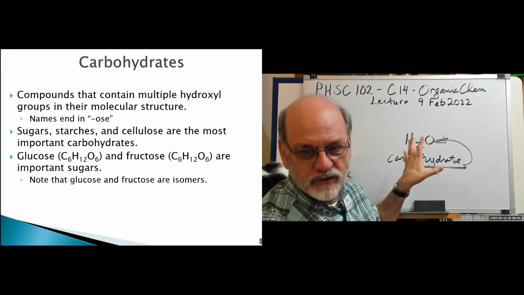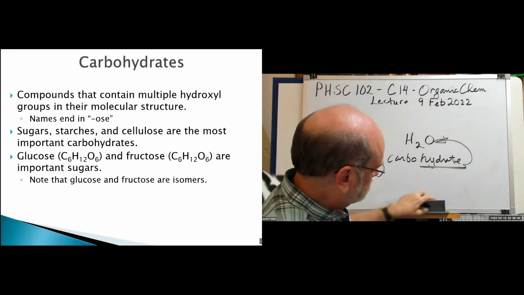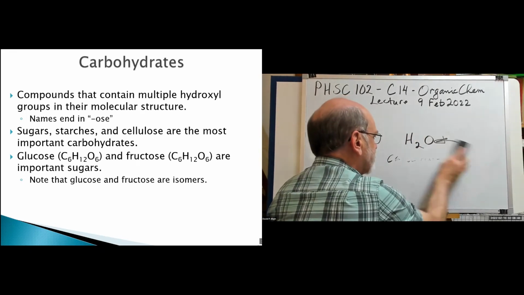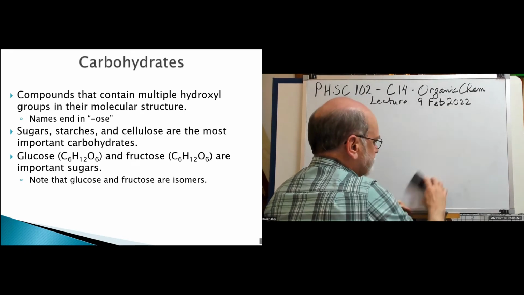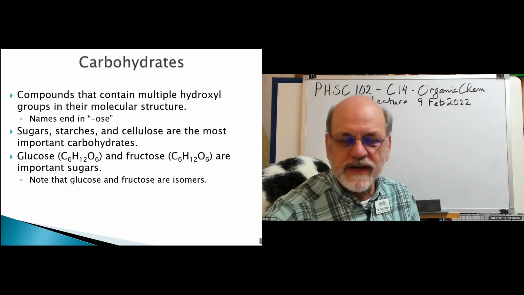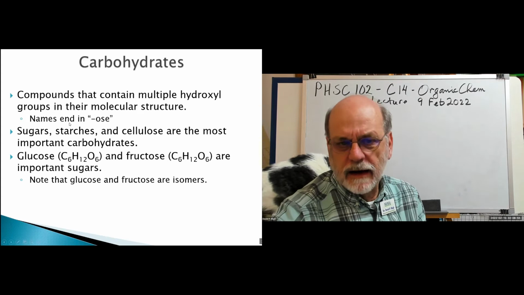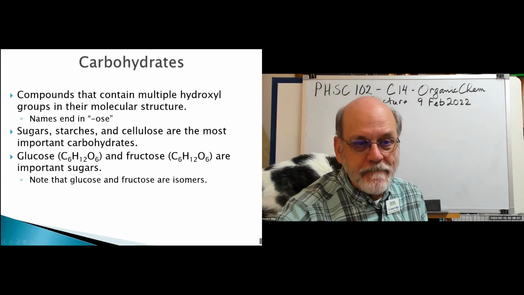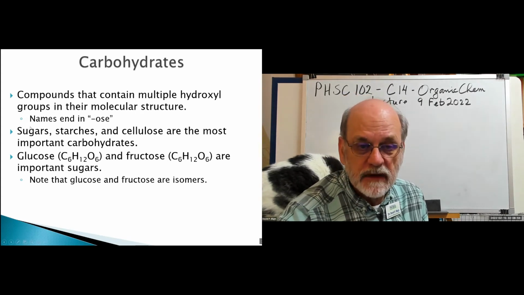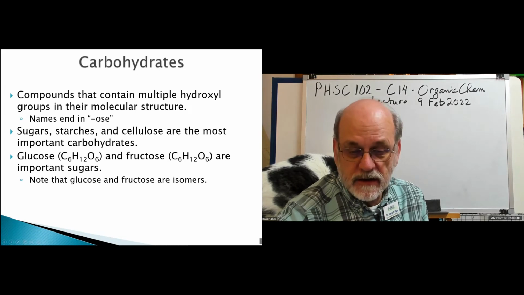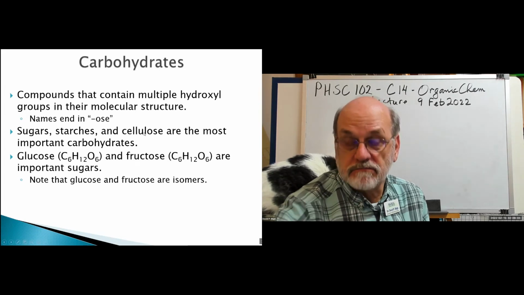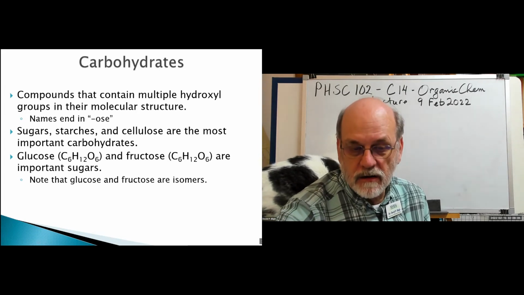So we call it hydrate for that reason. Here are 2 examples. Well, possibilities. All the sugars are carbohydrates, starches are carbohydrates, even cellulose that makes up trees are carbohydrates.